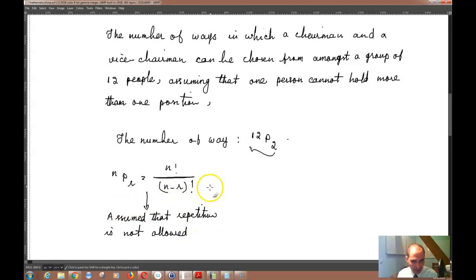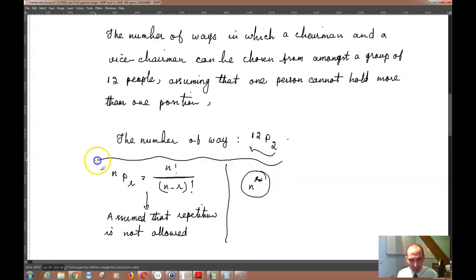If that was not the case, then we would simply write those number of ways as n raised to the power r, for example, right? So that's basically the two ways here: repetition is allowed, right?